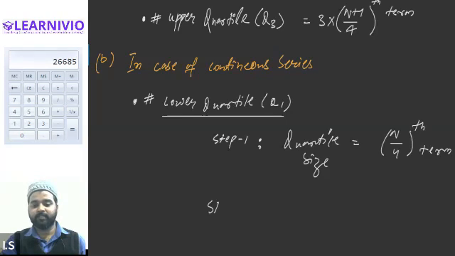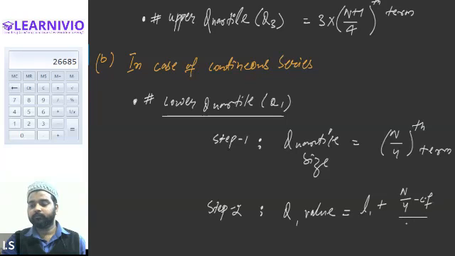Then we will apply the second step, step 2. This will be for calculating the quartile value, the Q1 value. So for calculating the Q1 value, we will be applying this formula, L1 plus n upon 4 minus CF upon F into I. This is the formula for calculating the quartile 1 value.